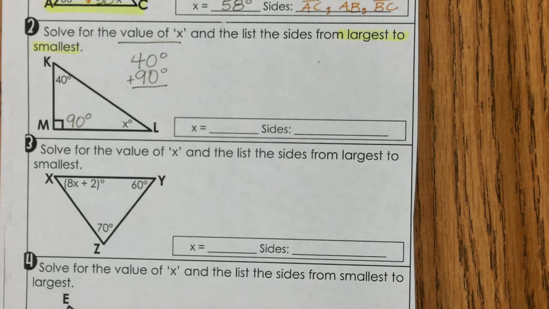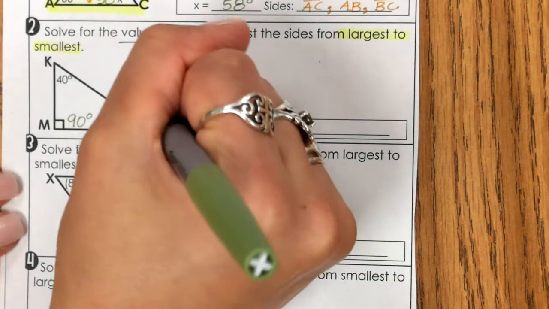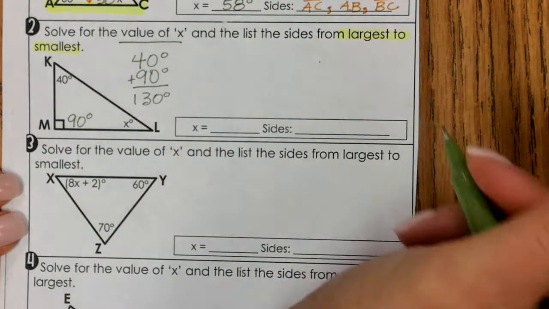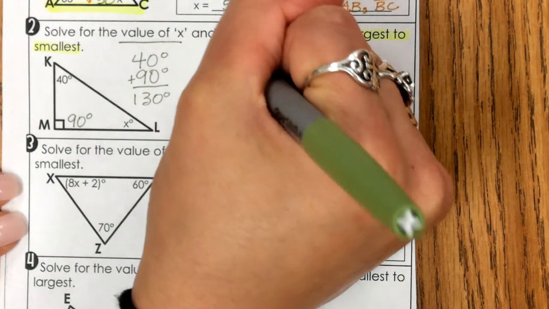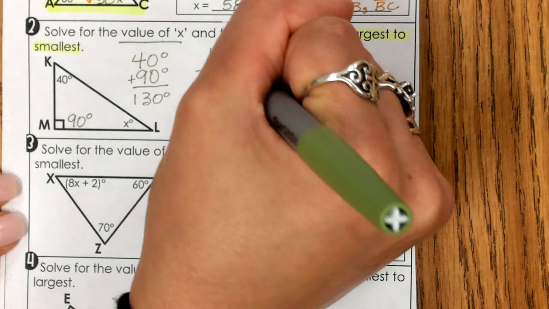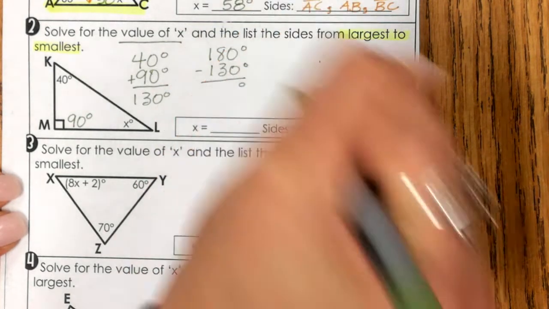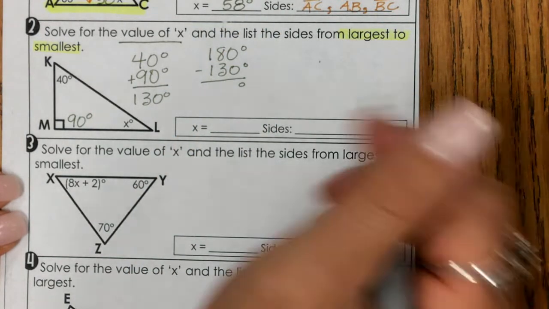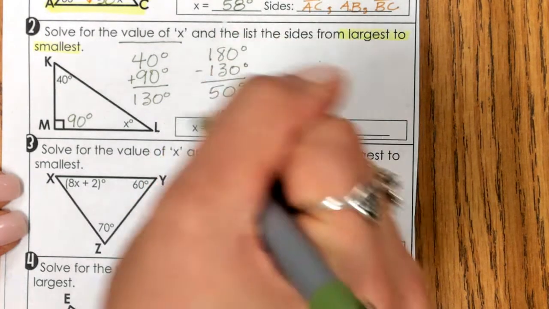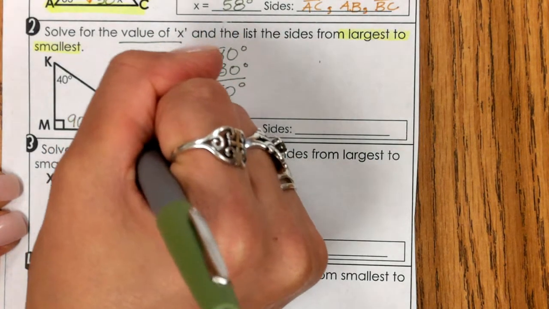Okay, and my answer would be what? 136. All right, so from there I'm going to subtract from the total, which is 180. And I get what as my missing angle? So x equals 50 on this problem.